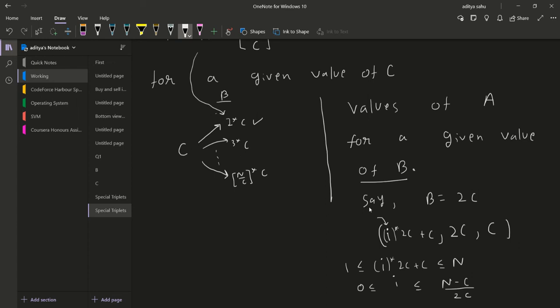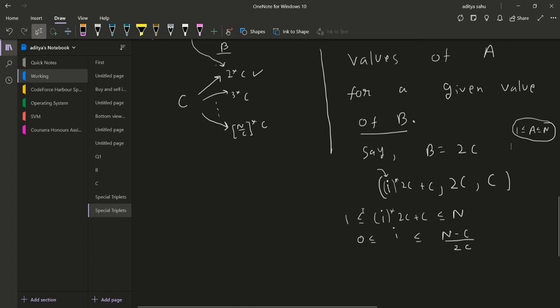That's true because a itself is varying from 1 to n, and there is no question of negative integers here. So now, as I is varying from 0 to n minus c by 2c, let me just find out the terms in it.